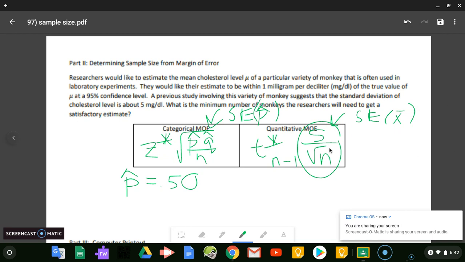The problem is that when we want to find what size we would need for a sample, that means we don't know the size of the sample. The issue with that is that our t distributions change with the size of our sample because of degrees of freedom.